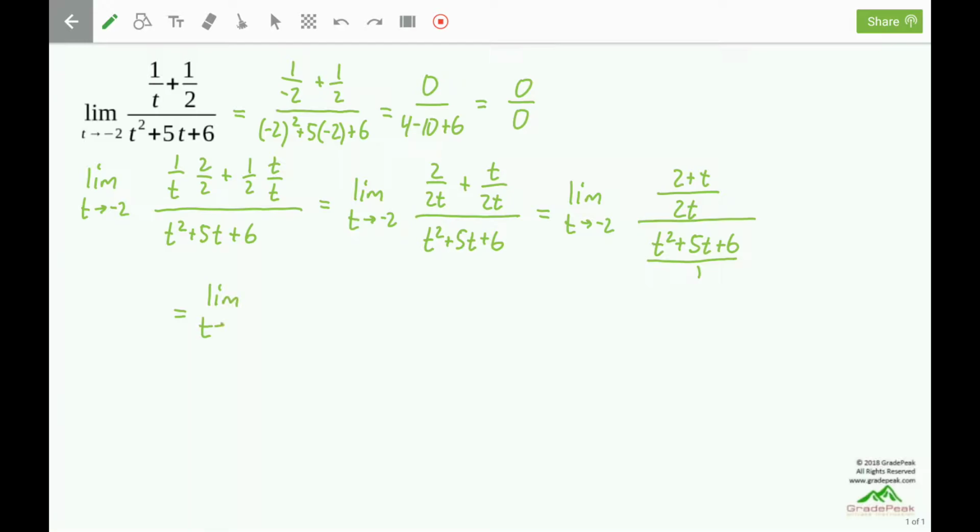So this will then become, limit as t goes to negative 2 of 2 plus t over 2t, multiplied with 1 over t squared plus 5t plus 6.